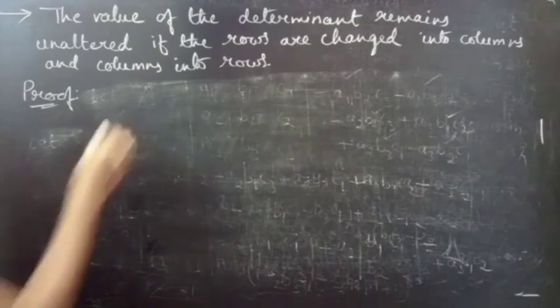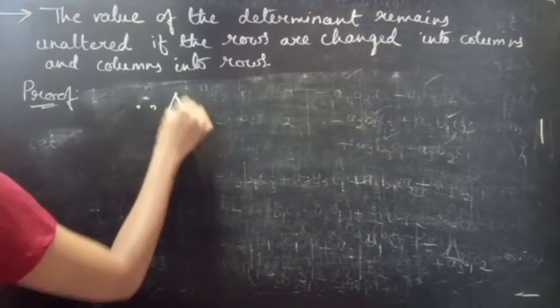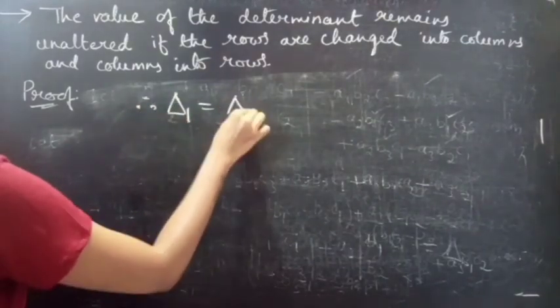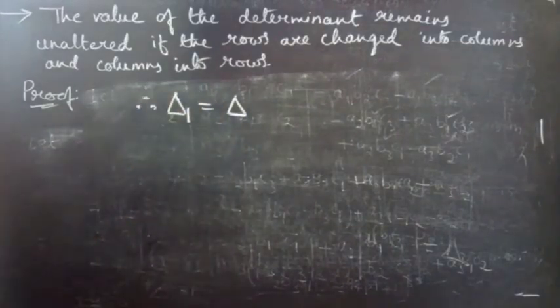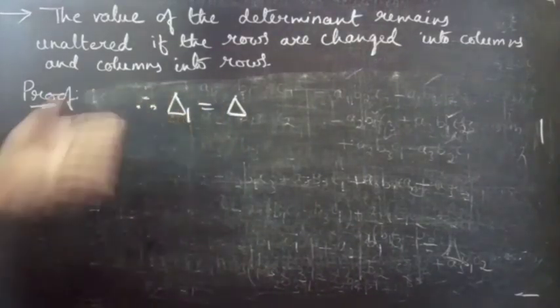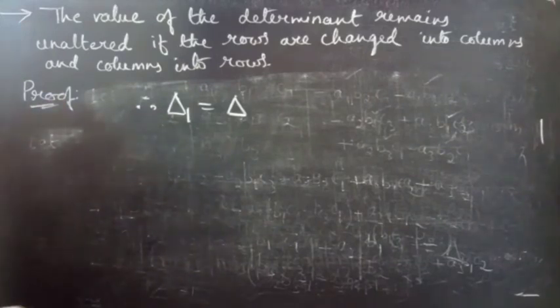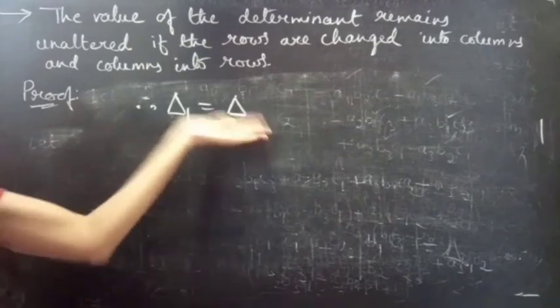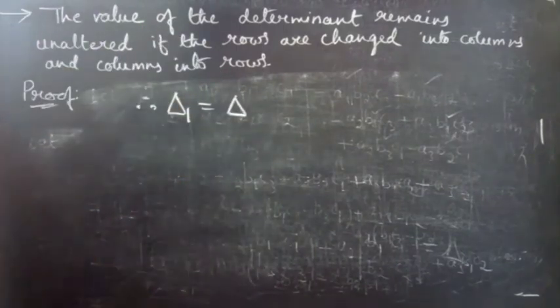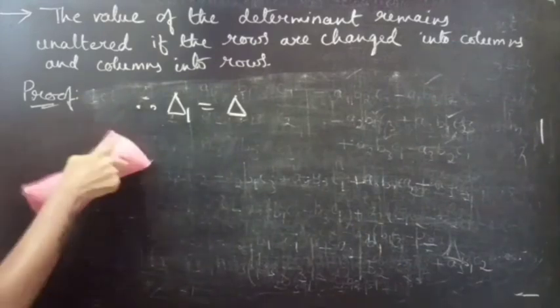Therefore delta 1 equals delta. Delta 1 is nothing but the changed determinant. That means we have changed rows into columns and columns into rows, so we named it delta 1, and we got delta 1 equal to delta, the same determinant which we considered earlier.